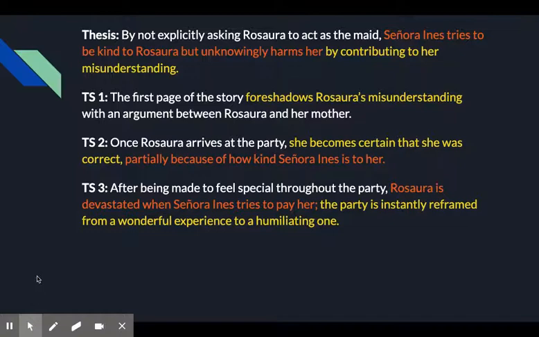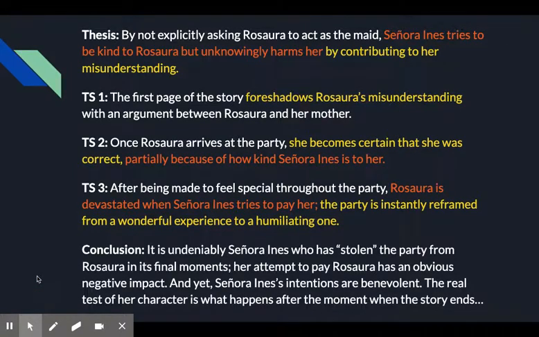I've shown Senor Ines tries to be kind to Rosara. That showed up in my second body paragraph, but unknowingly harms her. That showed up in my third body paragraph, and the piece about Rosara's misunderstanding showed up in every paragraph. So I feel like I've brought this essay to its logical conclusion.